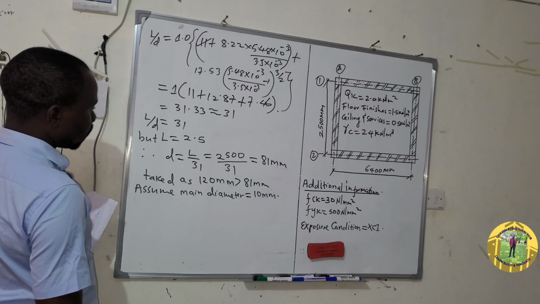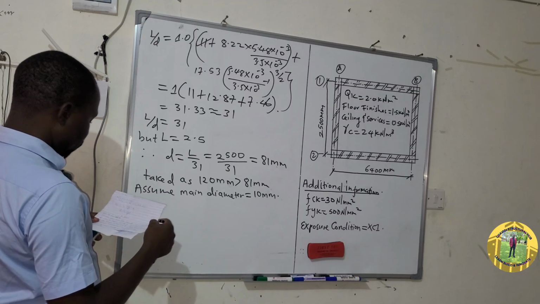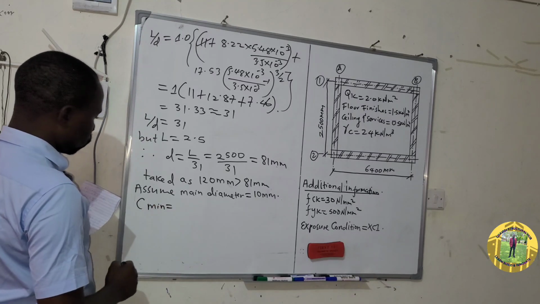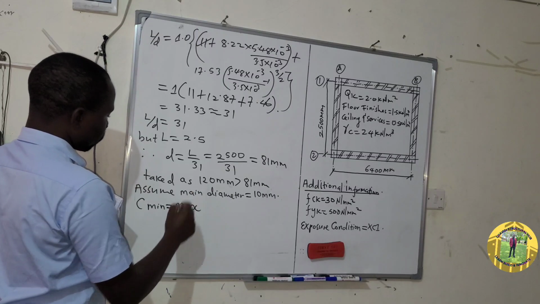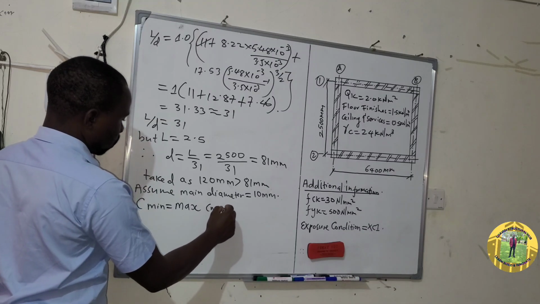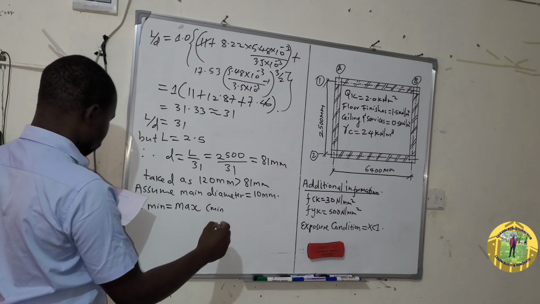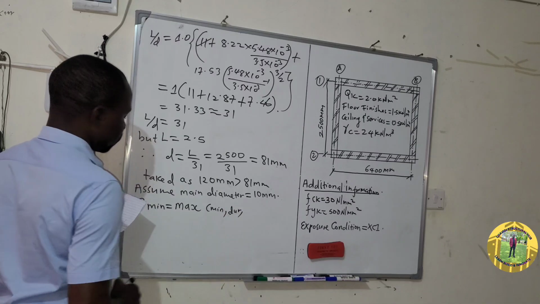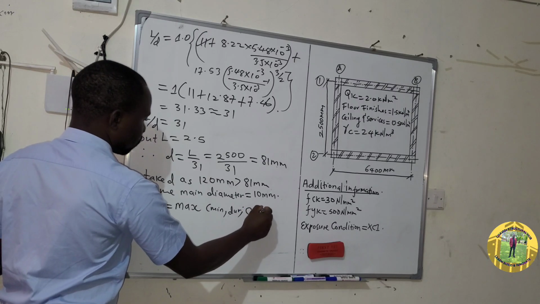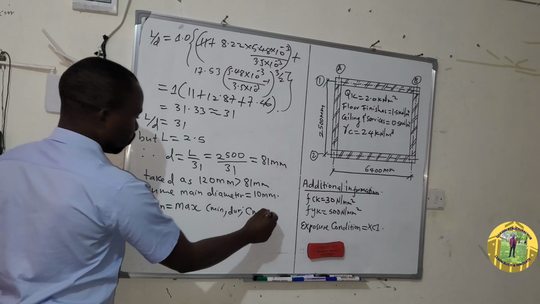Therefore, we need to calculate the nominal cover. And to calculate the nominal cover, you will say minimum cover is equal to the maximum of the minimum cover for durability, and then the C minimum, which is given by the diameter of the bar, and then we have 10 millimeters.